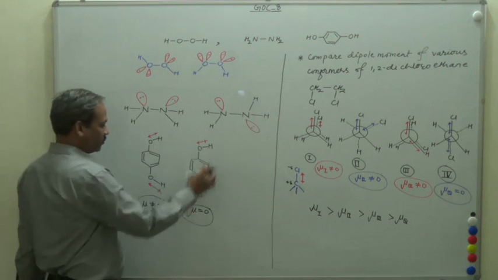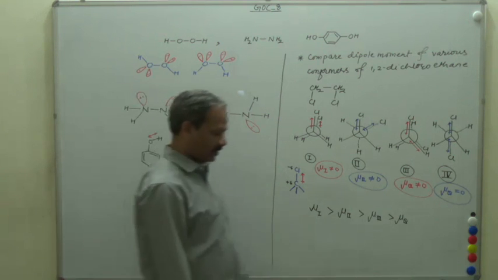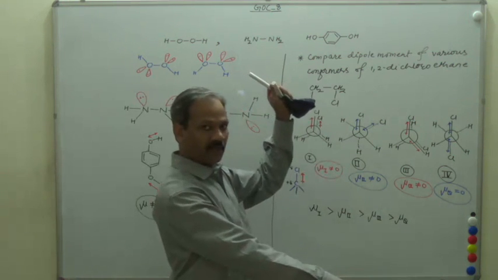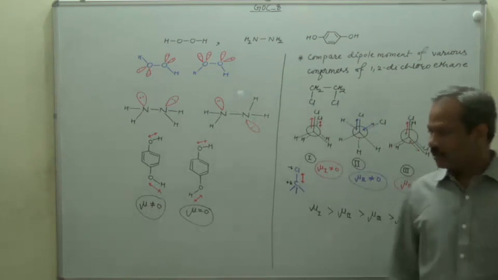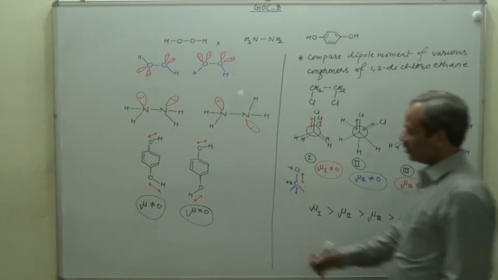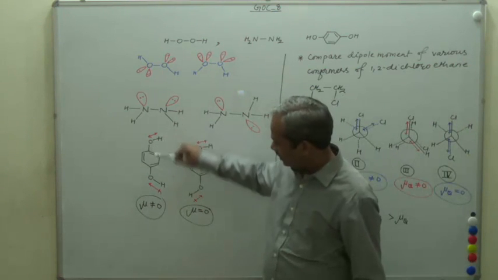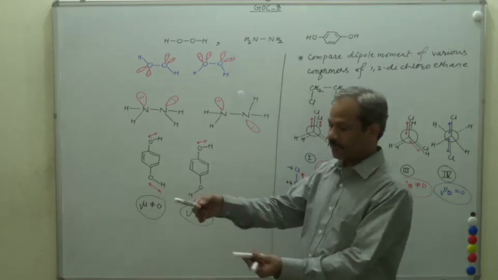If this OH bond and this OH bond are in the same plane. If again these are alternate at an angle of 90 degrees, then it will not be equal to 0. Means these bonds are in the same plane. This OH bond and this OH bond both are in the same plane, like in this way.